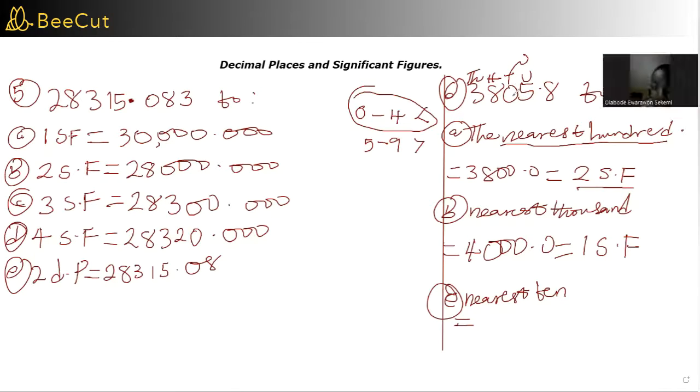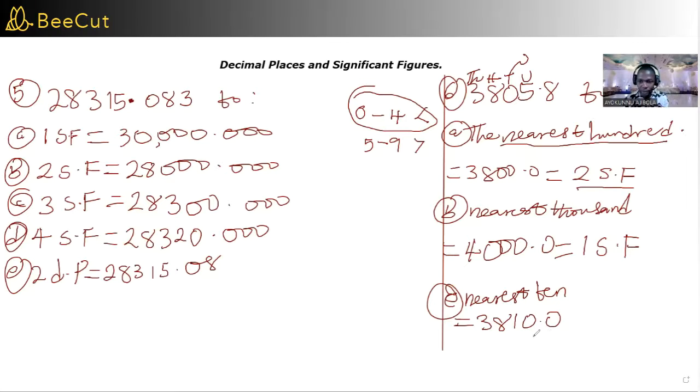And what is the figure next to 0? 5. So can the 5 power the 0 to change to the next figure? Yes. Very good. So what is my answer now? Once you have used the 5 to change this, it doesn't remain 5 again. You turn that to 0. So 3810.